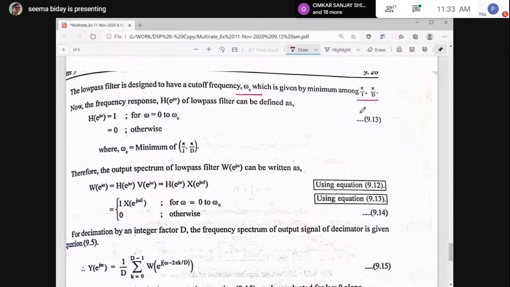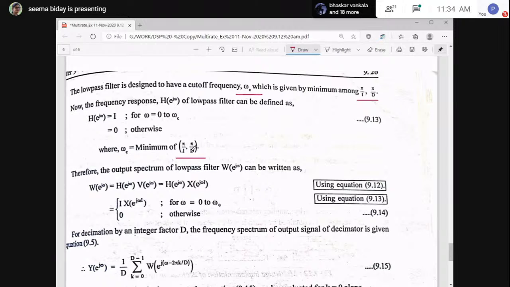In the decimator, its bandwidth should be pi by D, an anti-aliasing filter prior to the decimator. So whenever we combine these two, take the minimum cutoff frequency. Automatically it will satisfy both conditions.